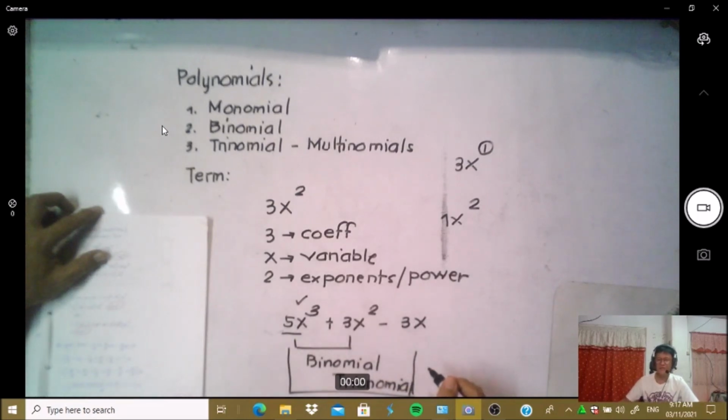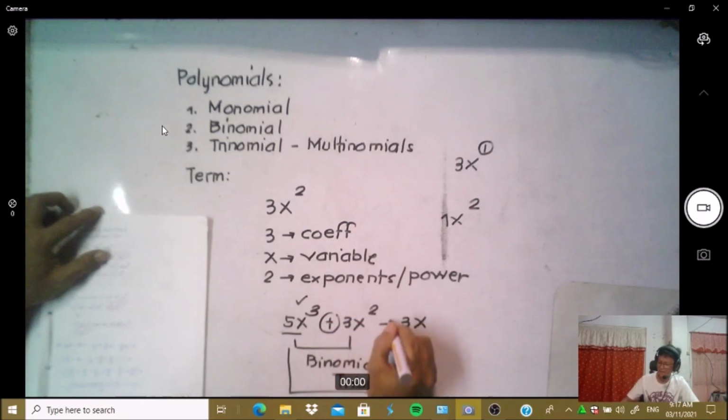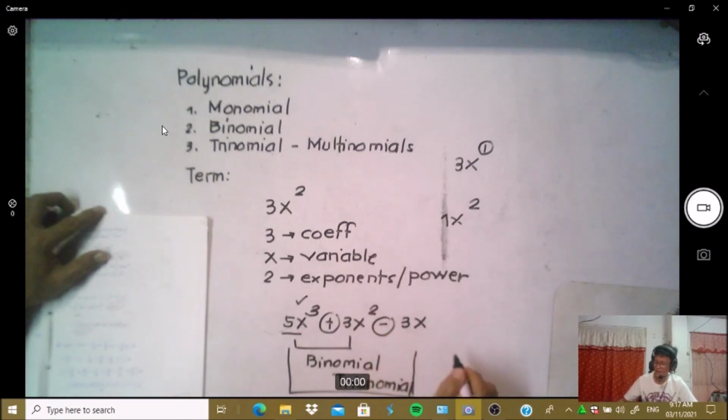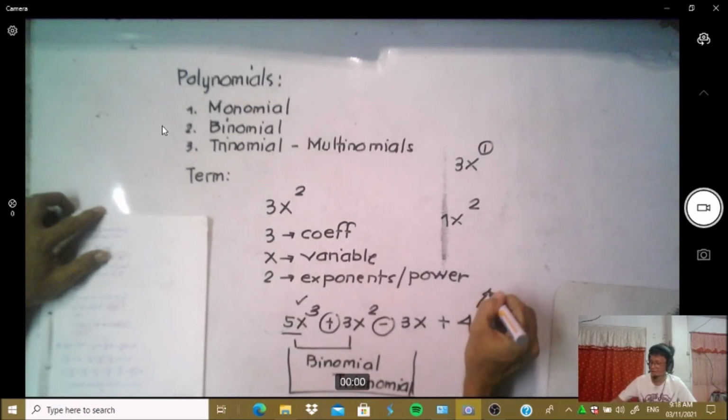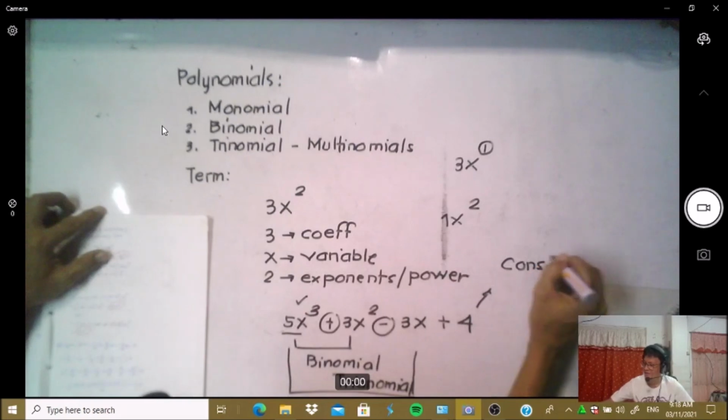Now, the division of the terms is determined by the operations, addition and subtraction, or the plus and minus signs. Now if we add here 4, then this 4 is actually a number, or that is the constant.